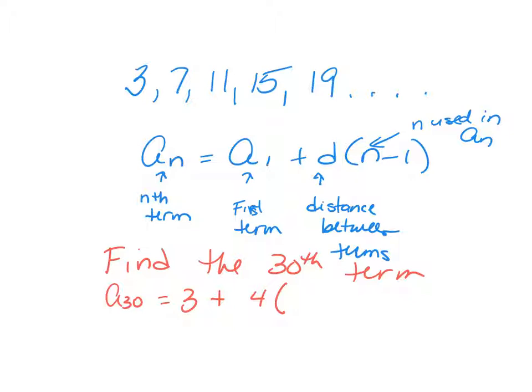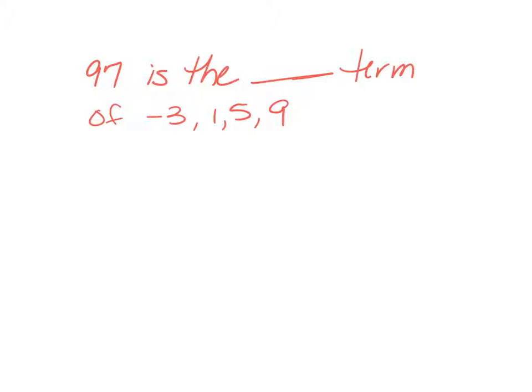And what is n in this case? Use the same n as you did in the beginning. 30. 30 minus 1. And you put all of that in your calculator. So the 30th term of that sequence that we just described is 119, because you just plug in the numbers. Everybody get that?